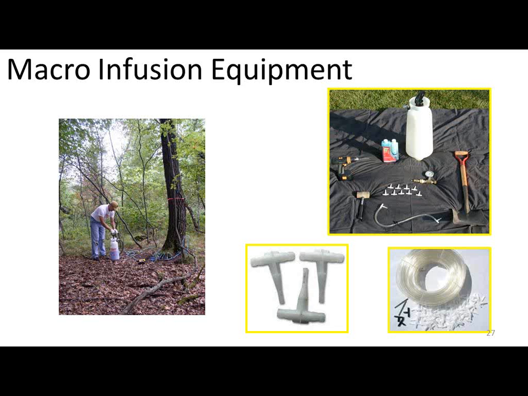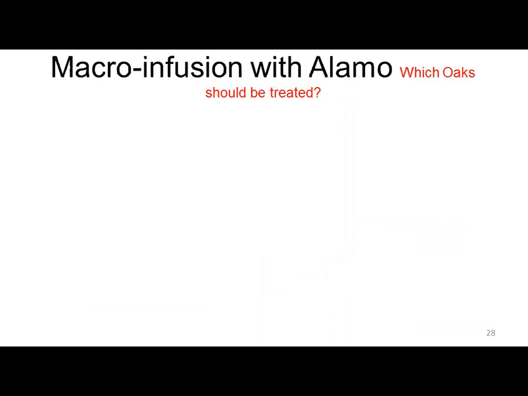In some cases, the Alamo fungicide will go into the tree in a matter of minutes. It all depends on the health of the tree and the size and the soil moisture present. You're delivering this fungicide, it's important to realize, into the active xylem and really using the transpiration stream in the tree to move it up into the crown.